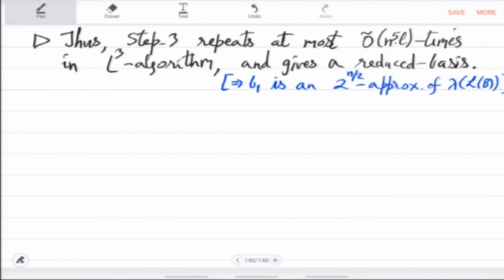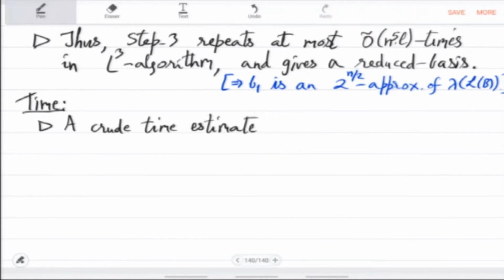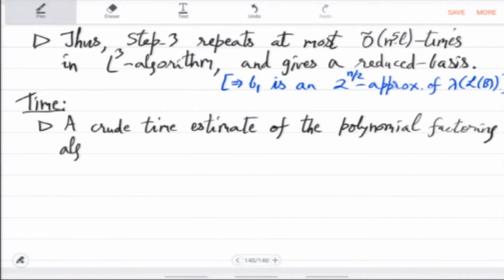Let's see the time complexity. So just a naive time estimate, a crude time estimate of the polynomial factoring algorithm is n raised to 5L.